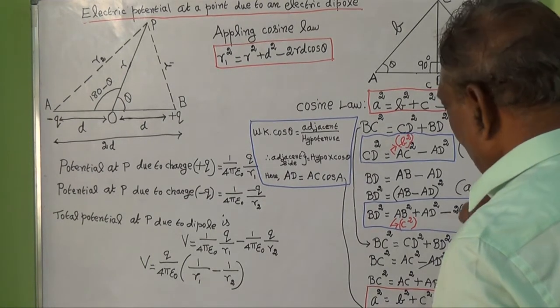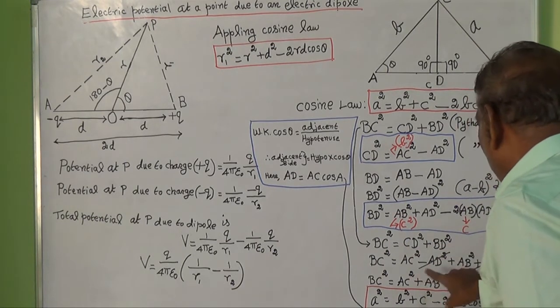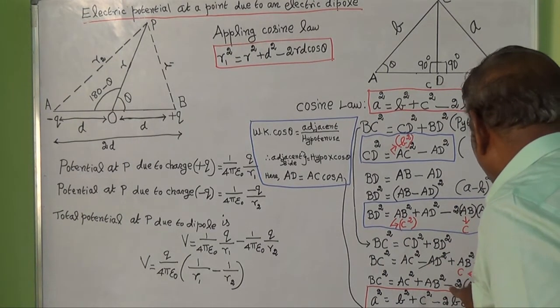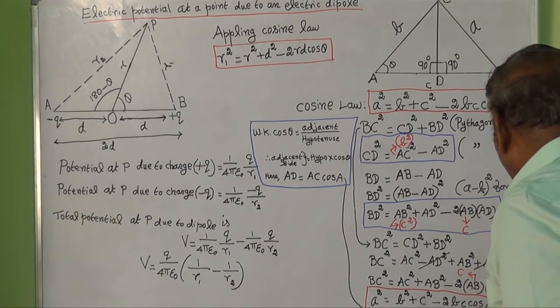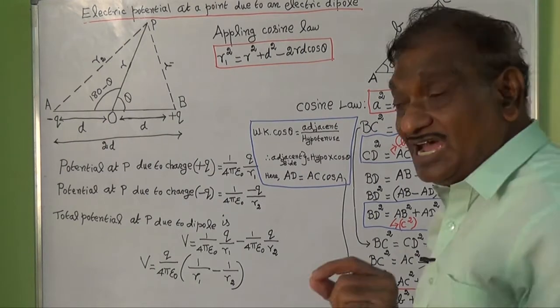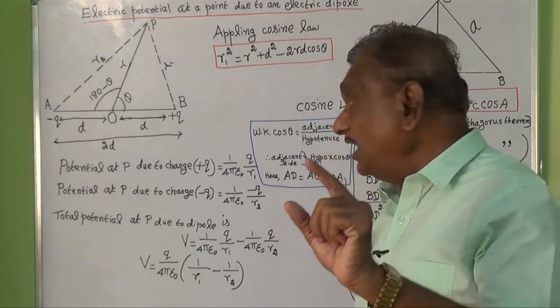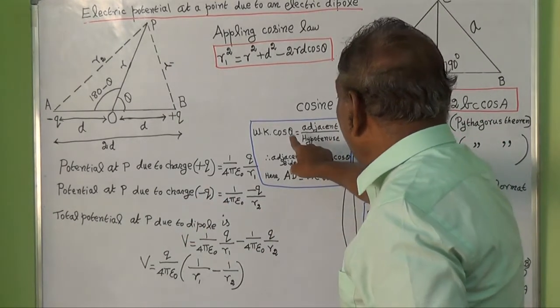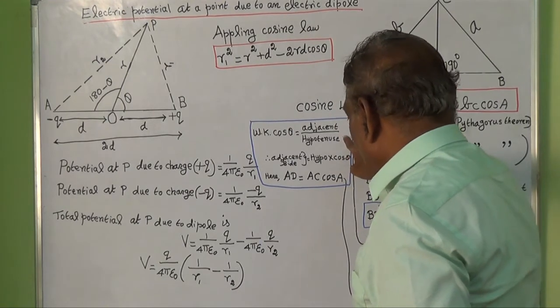Thus we are getting BC square equal to AC square plus AB square minus 2AB into AC cos theta. How have we written AD as AC cos theta? We know that cos theta equals adjacent side by hypotenuse.